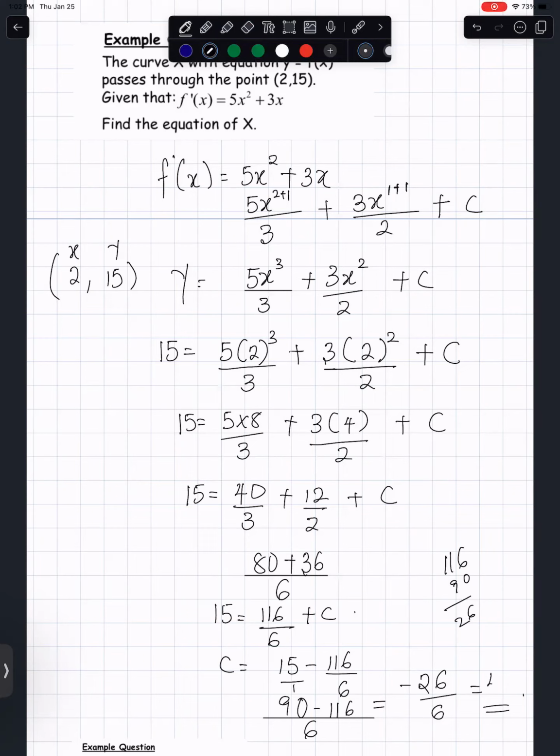That gives us minus 4, 2 over 6. And 2 over 6 is 1 over 3, so we have minus 4 and 1 over 3 for the value of c.